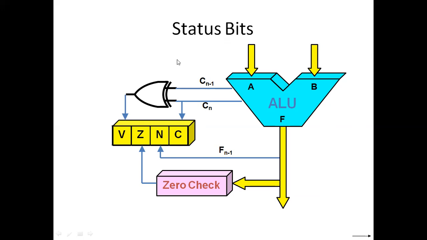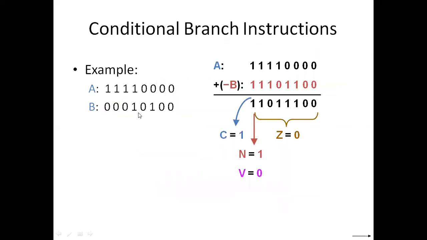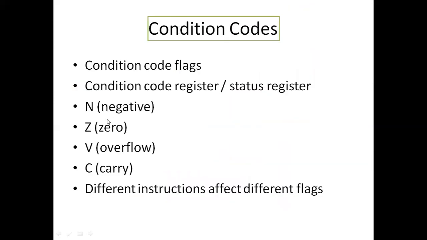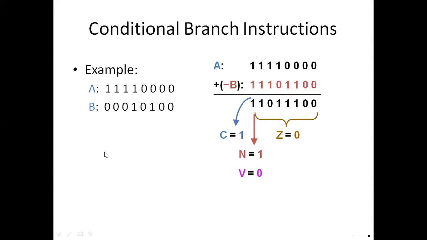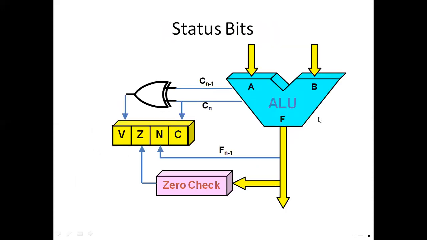Have you taken it? Yes, sir. Okay. Now, in the last class, I already told you what this Z means, V means, C means, N means. So what you'll do, you'll draw this diagram. You try to explain actually what is going on here.